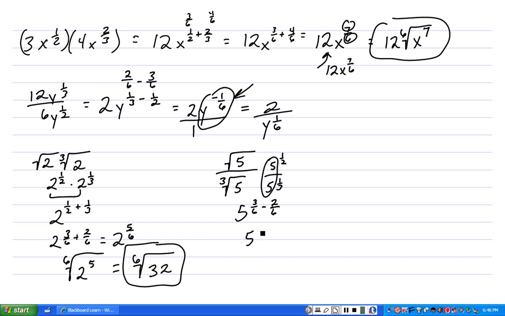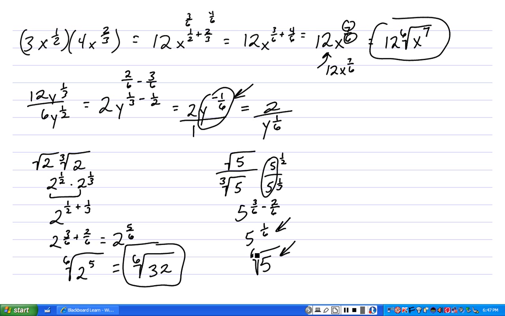So that's 5 to the 1/6. So 6th root, 5 to the exponent of 1. There you have it, 6th root of 5. If you wanted the positive rational exponent answer, that would be it. If you want the answer in simplest radical form, this would be it.